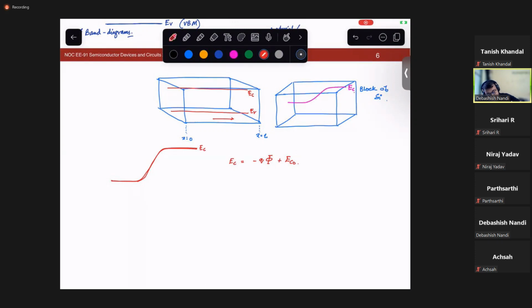That means your potential will be varying like this. It is just some negative constant times this, so your phi profile will be like this. So can we have this kind of potential profile in any material?